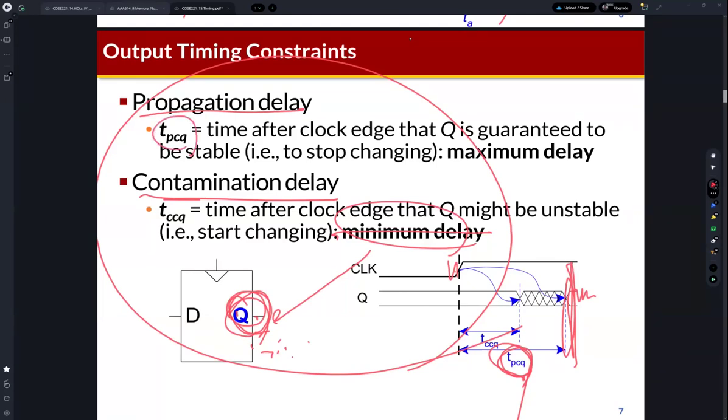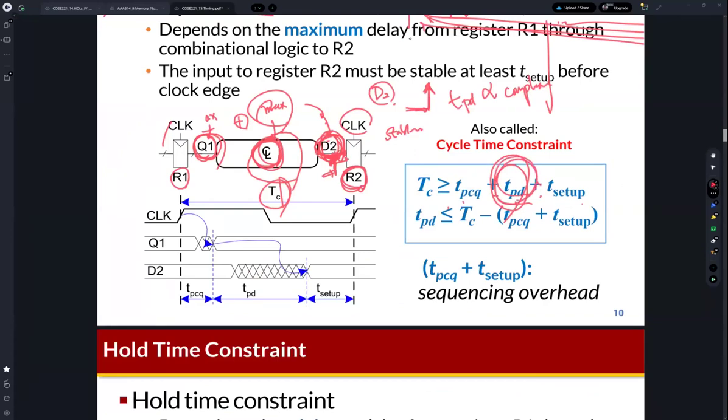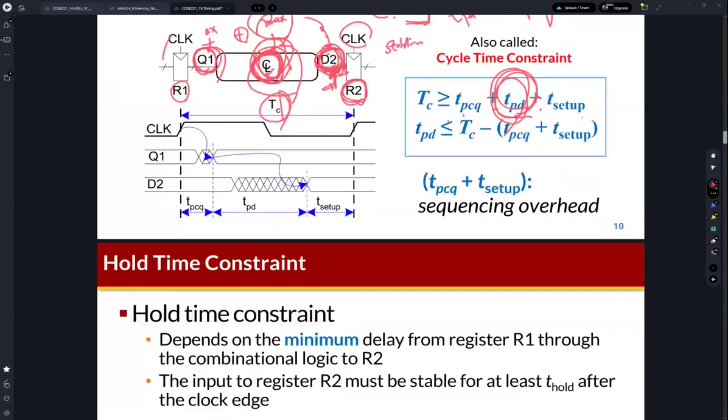TPCQ is the propagation delay, which means the maximum delay of port Q, and TCCQ is the contamination delay of this port. TPD is the propagation delay of the combinational logic. You understand? Okay, good.